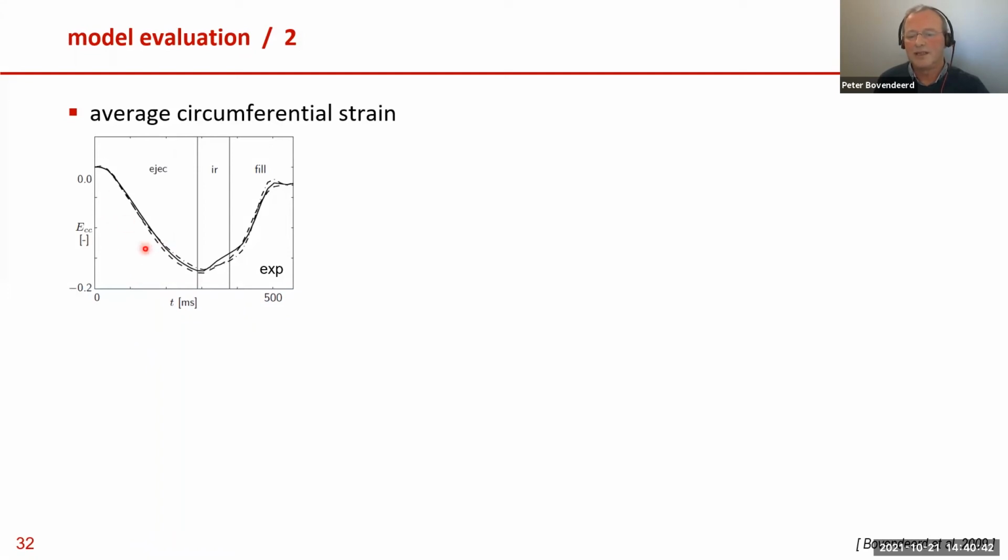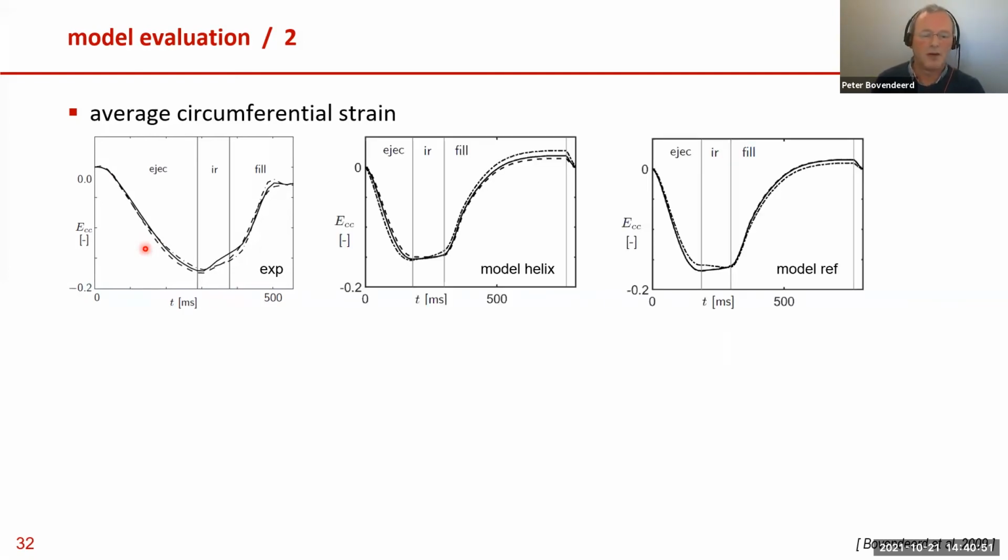And you can see that at all these 3 levels, the circumferential strain is essentially the same. And we also found this in our models. So the model helix, where we had no transverse angle, and model ref, where we had a non-zero transverse angle. So the details of the fiber structure do not matter too much for the circumferential strain patterns.